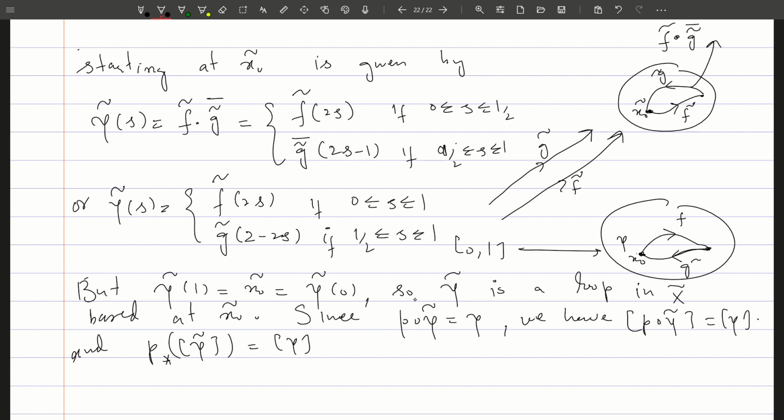Note that p star of the homotopy class of f is given as the homotopy class of p composite f. So we are using the definition of p star here. Hence this gamma must belong to p star of pi 1 of x tilde based at x naught tilde. So this proves the converse part.